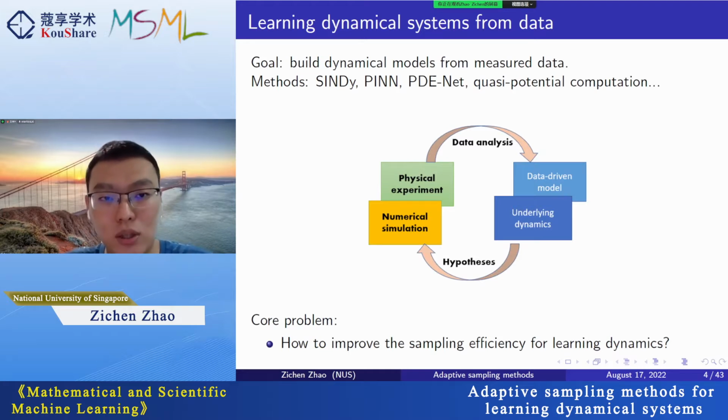Recently, there are many works in this field, such as SINDy, PINN, and quasi-potential computation, and so on. The core problem of our work is how to improve the sampling efficiency for learning dynamics.